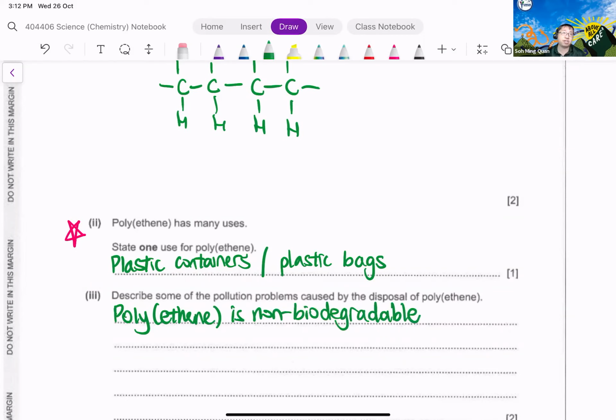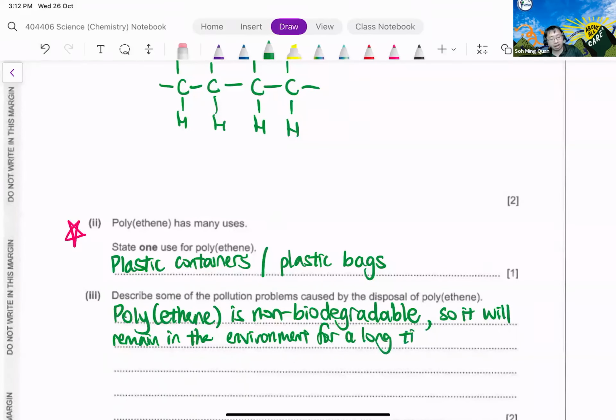All right, polyethylene is non-biodegradable, so it will remain in the environment for a long time without breaking down.